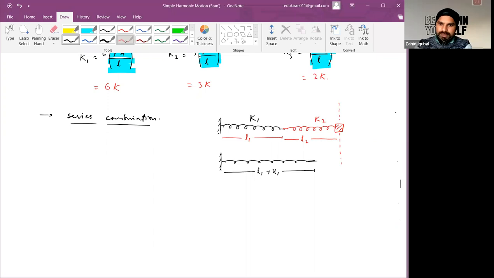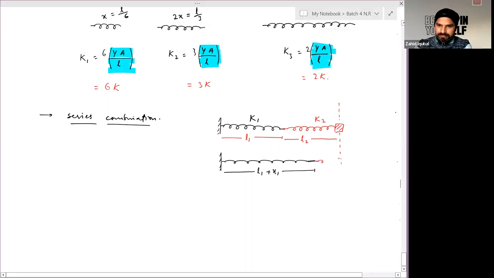Similarly, in the second one, L2 plus X2. Net displacement of this particular system is from this point to this point.